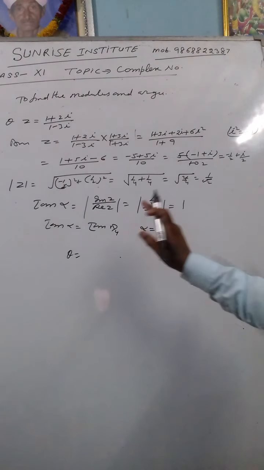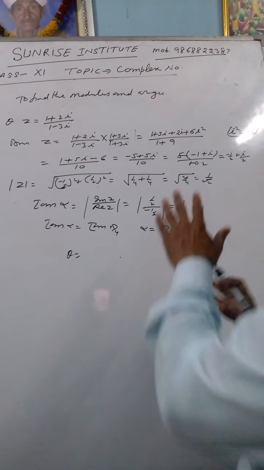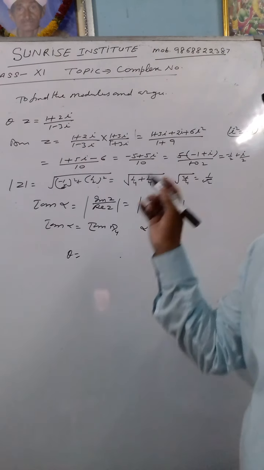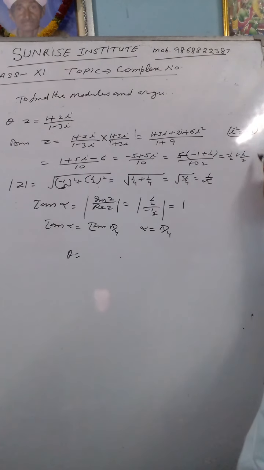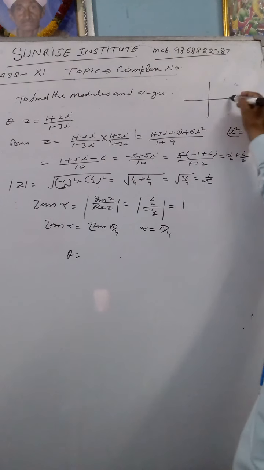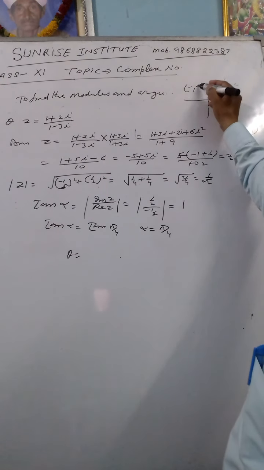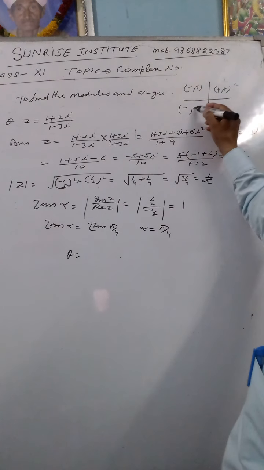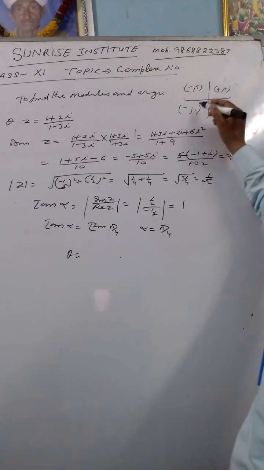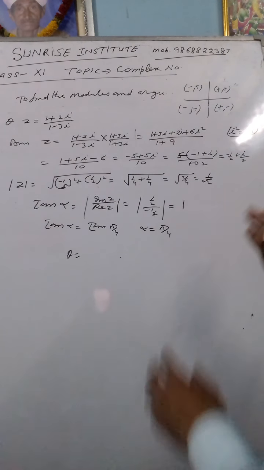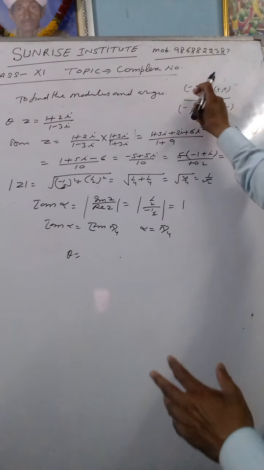Then theta lies in, first we see which quadrant this lies in: all positive, minus plus, minus minus, and plus minus. So this lies in the second quadrant.